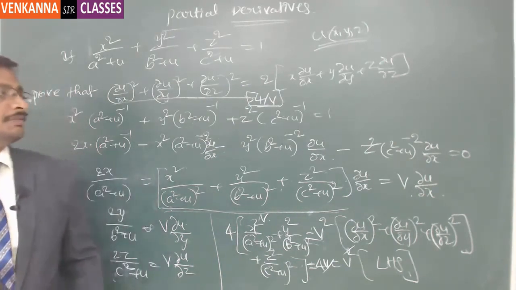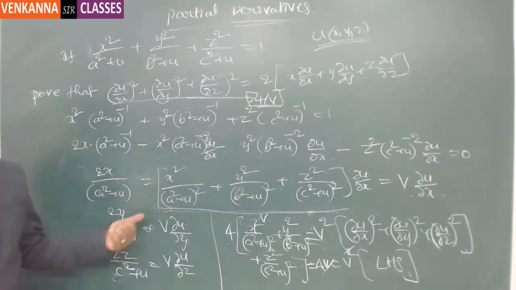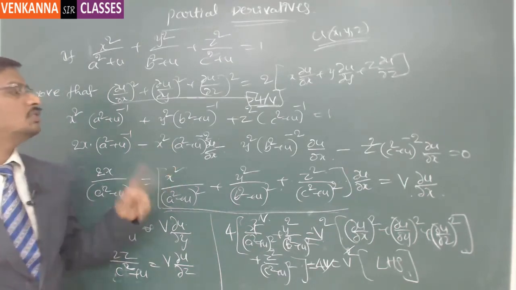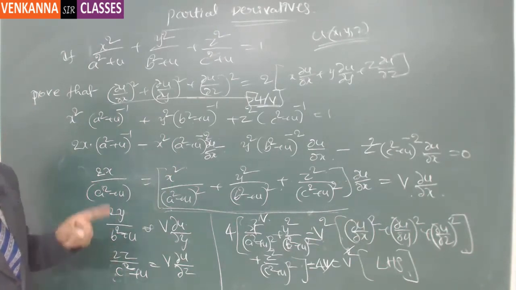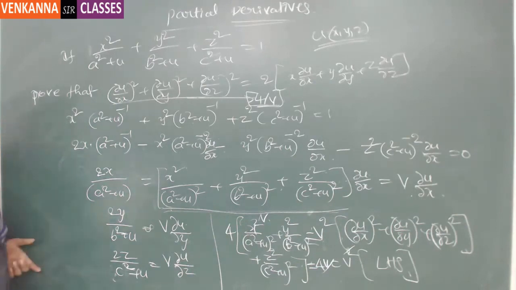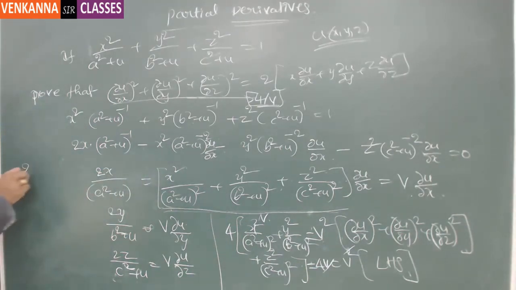Okay, fine. So then actually on the RHS is nothing but ∂u/∂x, you need to multiply with x, and ∂u/∂y you need to multiply with y, and ∂u/∂z you need to multiply with z. So here ∂u/∂x is coming out to be 2x divided by v times (a² + u).